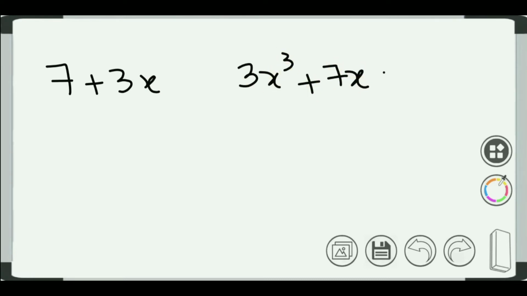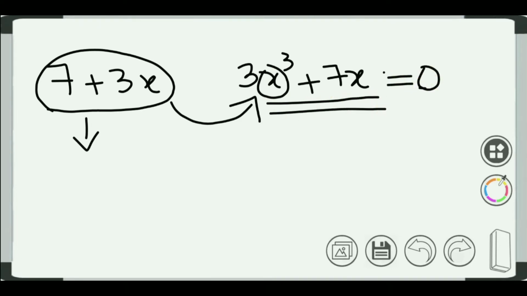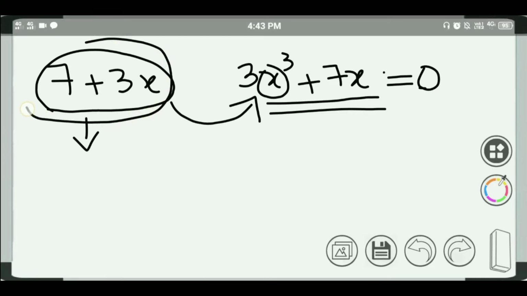By factor theorem, if this one is a factor of this polynomial, then if you find the 0 of this factor and put that value for x in the polynomial, it should be equal to 0. If this becomes equal to 0, then we can say 7 plus 3x is a factor of 3x cube plus 7x. First of all, you need to find the 0 of this polynomial. How?